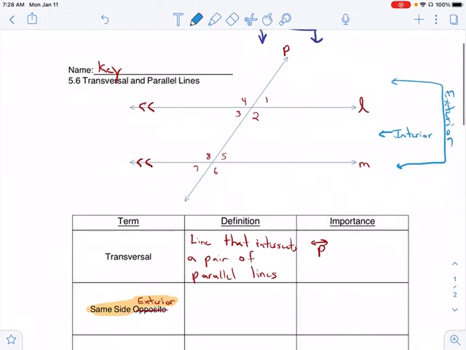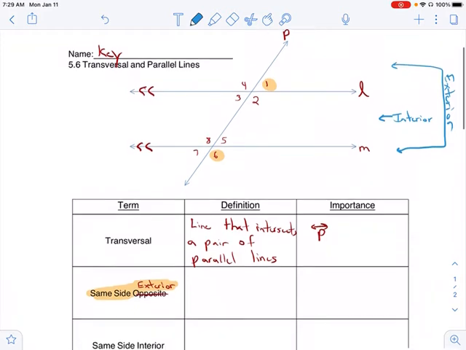So if I wanted to highlight an example of same side exterior angles, same side means on the same side of line P, and exterior would mean outside of that set of parallel lines. So these are same side exterior angles. So I have angle 1 and angle 6 are same side exterior angles, and it's the pair, the two of them together, that are considered same side exterior.